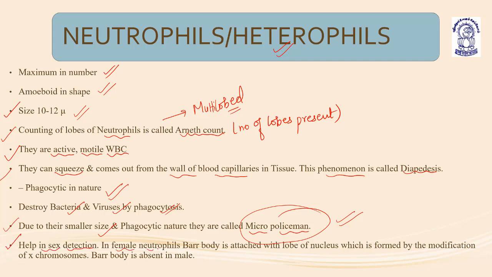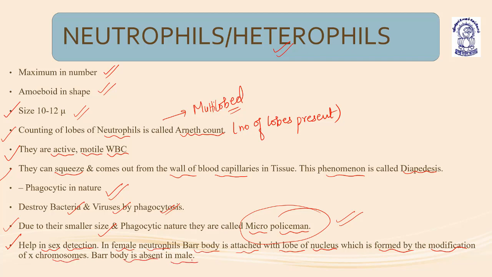In female neutrophils, bar body is attached with the lobe of nucleus, which is formed by the modification of X chromosomes. Bar body is absent in males.